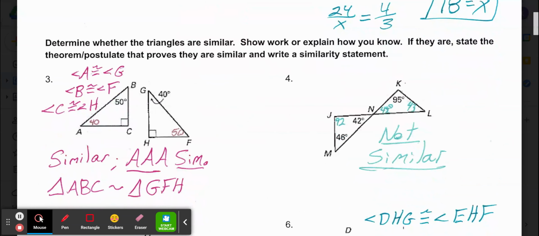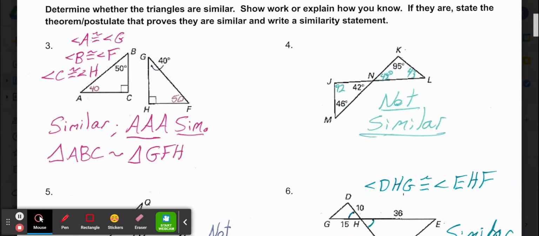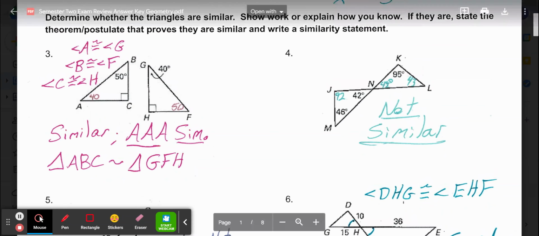Then, moving on to our next section, determining if triangles are similar, and then explain how you know that they are, if they are, and state the similarity statement. So if we look at example 3, we know in these triangles, angle A is congruent to angle G, B is congruent to F, and C is congruent to H. We know that because the total angle measure in any triangle is 180.